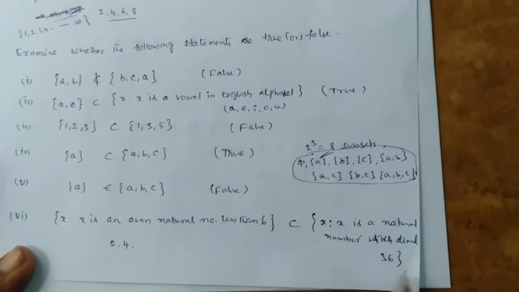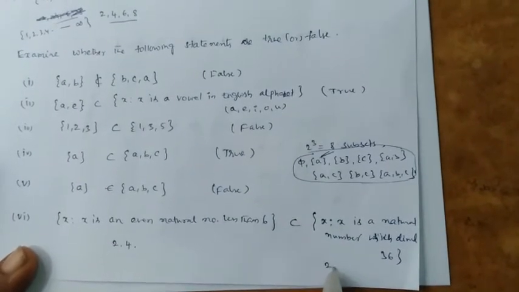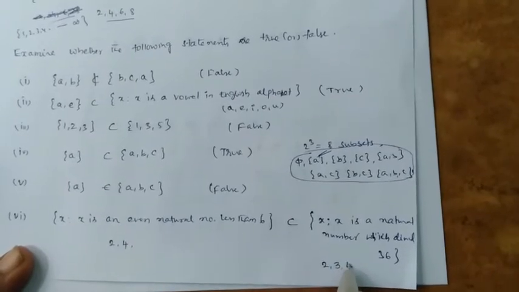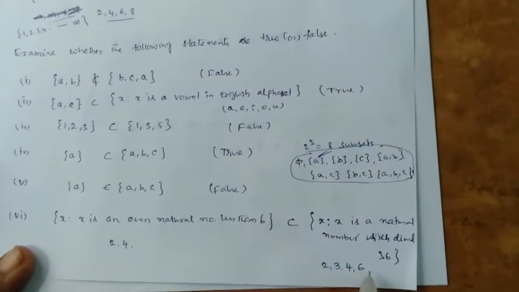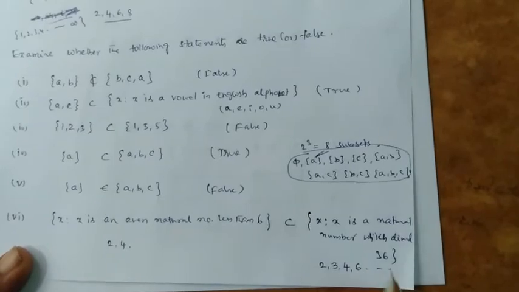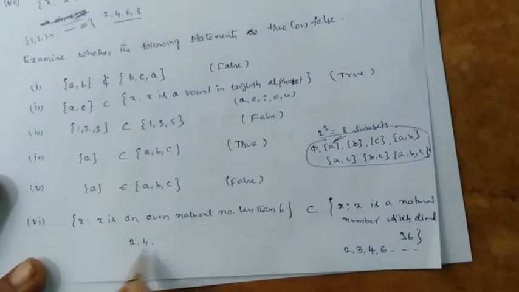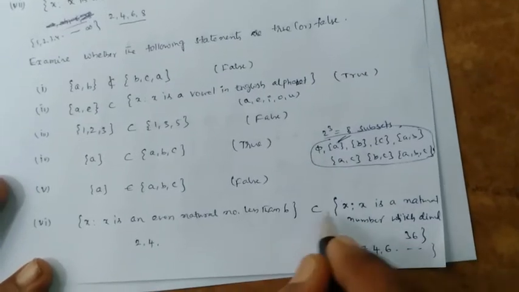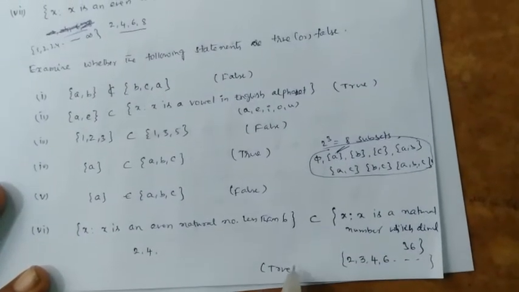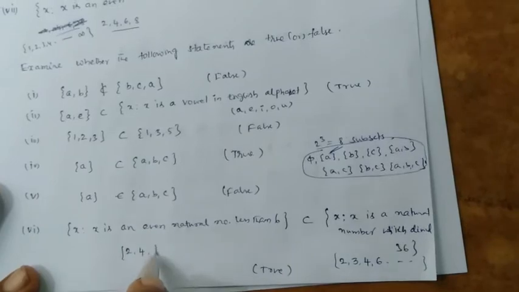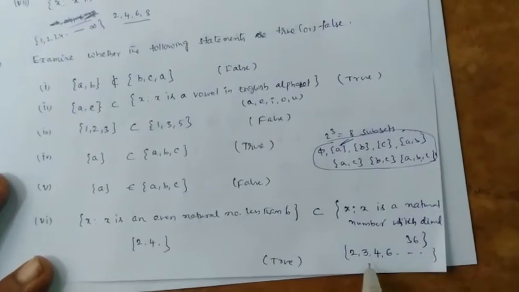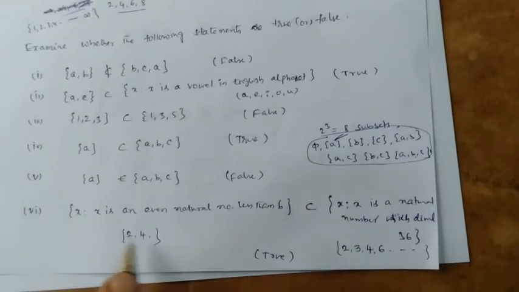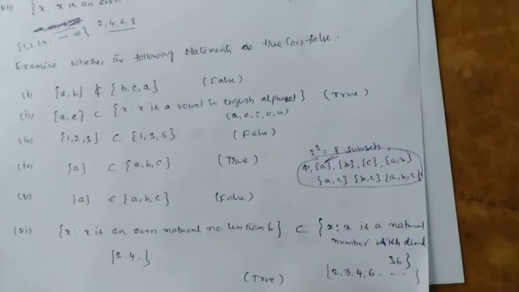The numbers dividing 36 are 2, 3, 4, 6, and so on. So clearly {2, 4} is contained in {2, 3, 4, 6, ...}. So it is a true statement. The left side has only 2, 4, the right side has 2, 3, 4, 6, so definitely 2, 4 is contained in it.